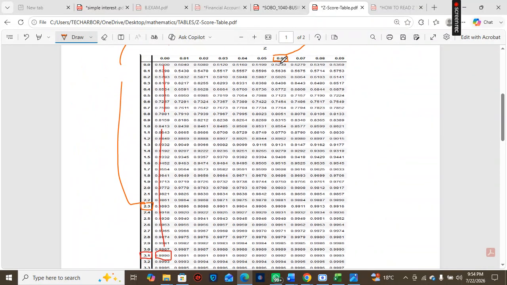Where the 0.06 and the 2.3 intersect, you get 0.9909.